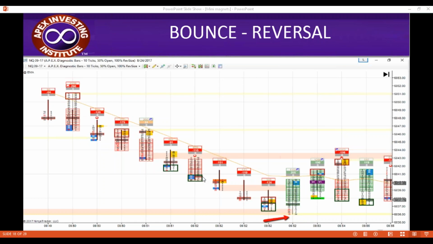It's gone through no man's land. Not only do I expect that to be a magnet level to attract the market, and that's my target, but as I'm getting close to that mini magnet, do you think my stop might be coming a little closer, as opposed to having my stop 4 ticks above the bar range way up here?